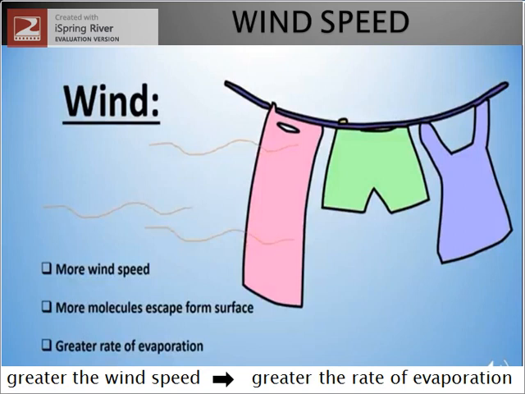Since the particles of water vapor move away with the wind, it decreases the amount of water vapor in the surroundings. The surroundings will be less humid. As we know, when the humidity is less, evaporation will be high.